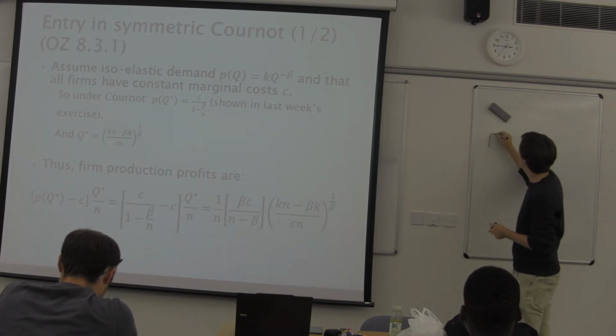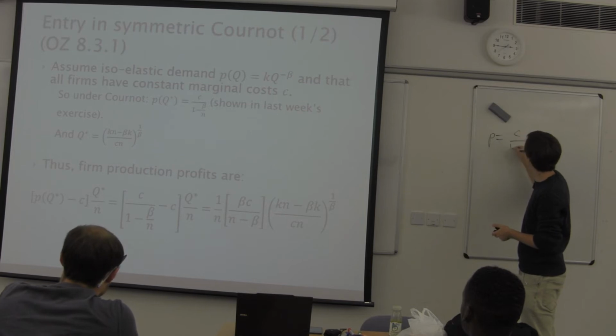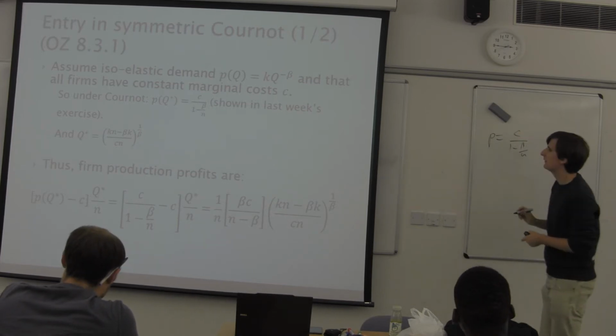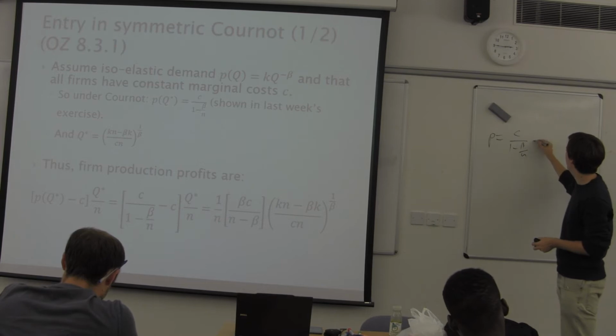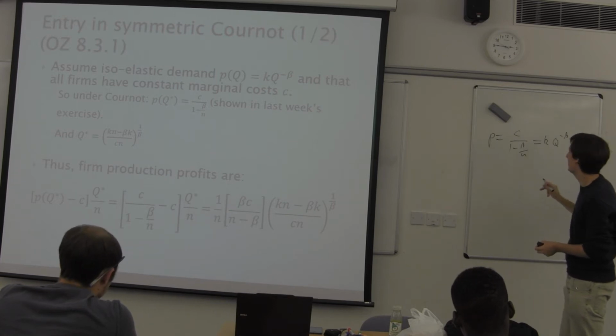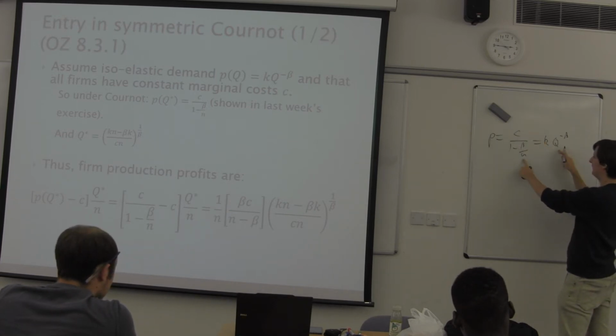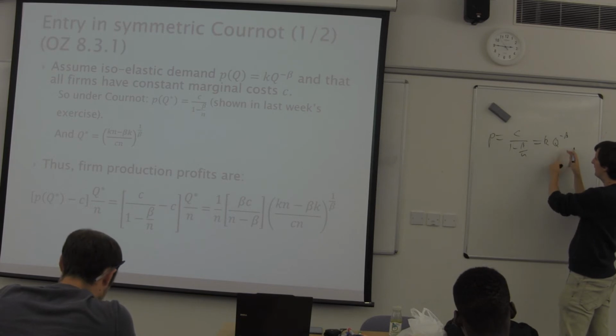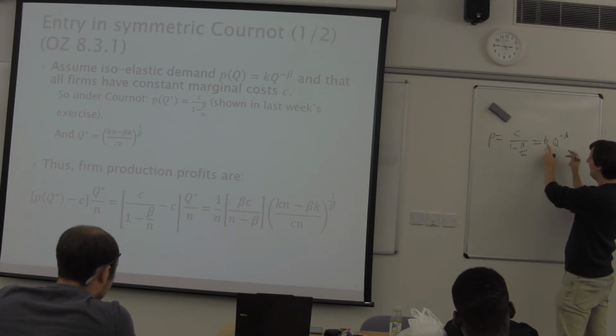So what do we say? P is C times 1 minus beta over N. And we know that P is K times Q to the minus beta. So we want to solve this expression for Q. Let's divide by K to start with.